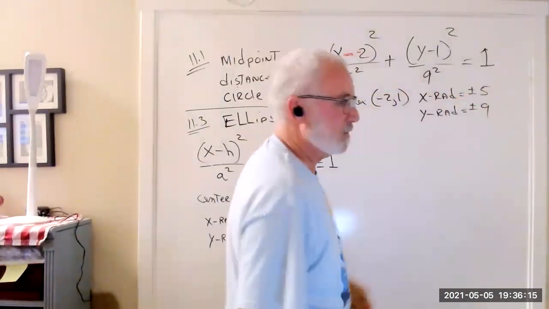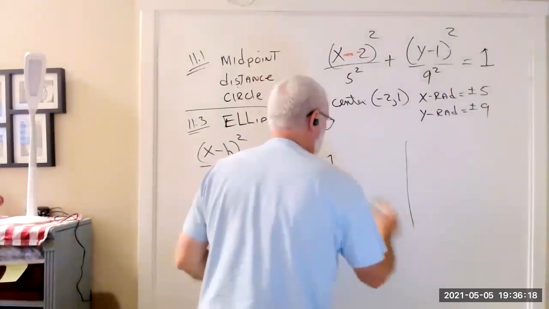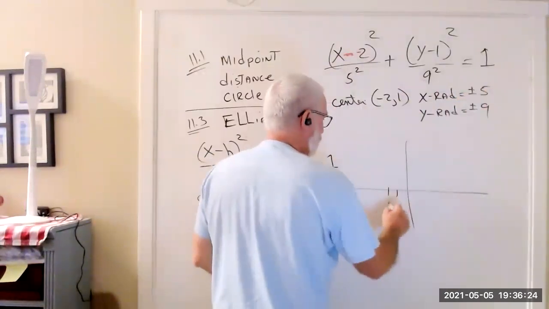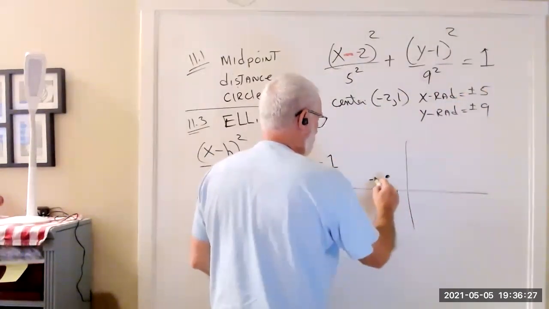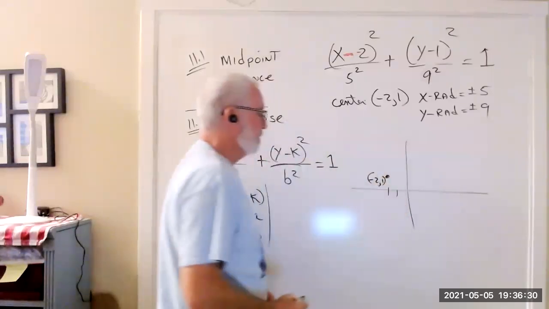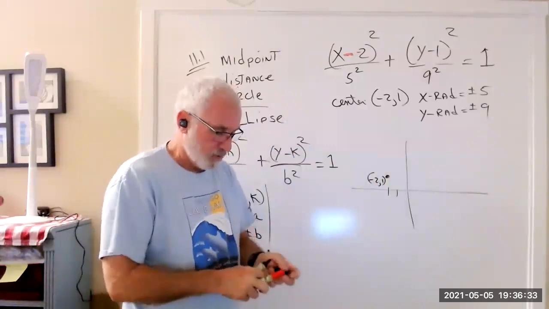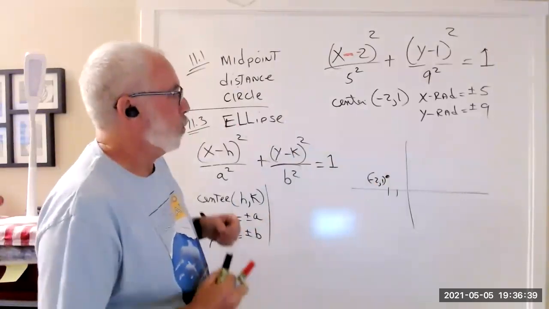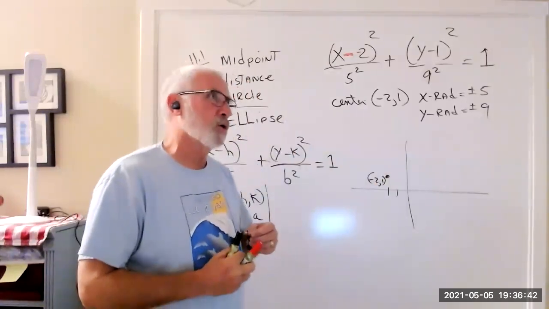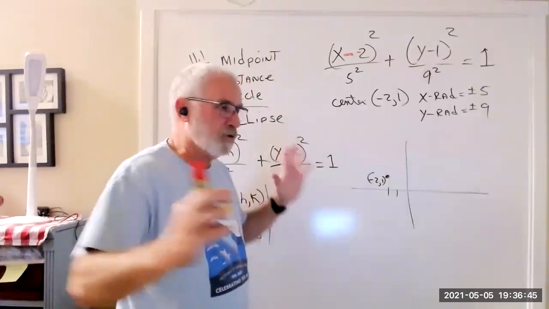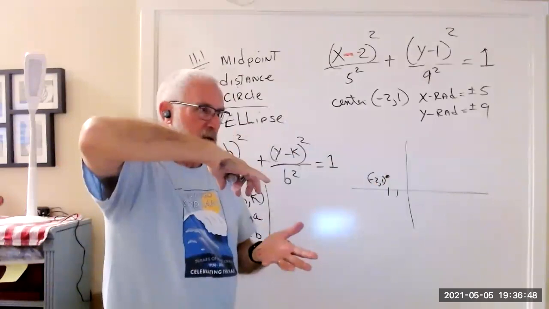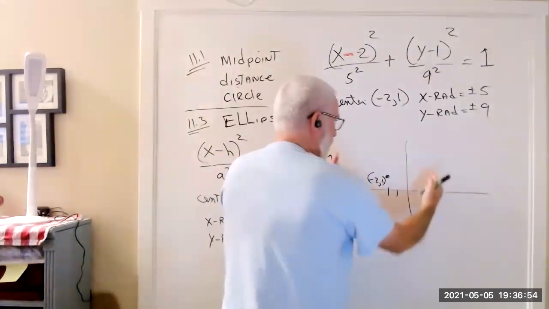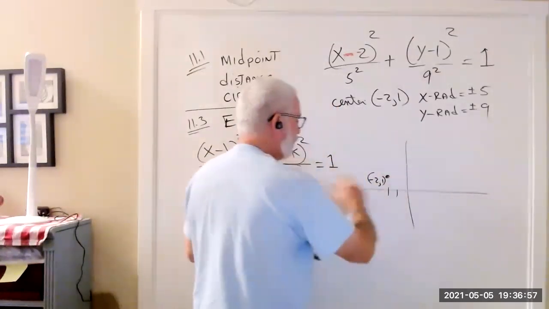Just those numbers there. Okay, here comes the sketch of this. Start at (-2, 1). Now think about those crummy drawings I had here a few minutes ago. This got squished in some way. So the x radius is 5. In the x direction, we're going to go 5.